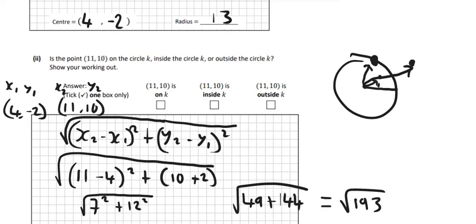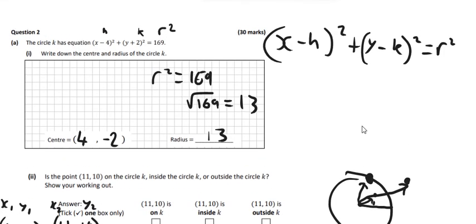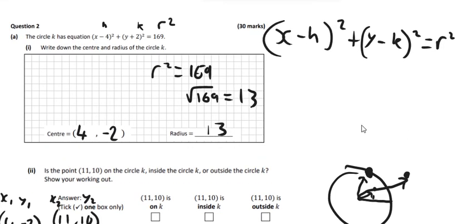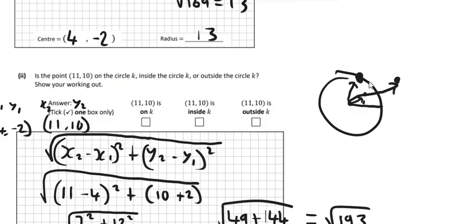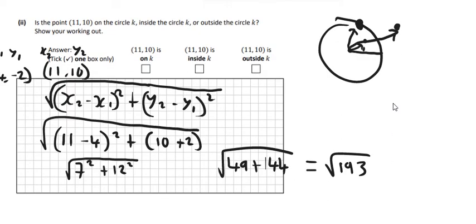And you can see here already that it's going to be big. That's actually a longer distance than the radius. The radius was root 169, and we simplified it down to 13. If we simplify root 193 as well, you're getting 13.89.